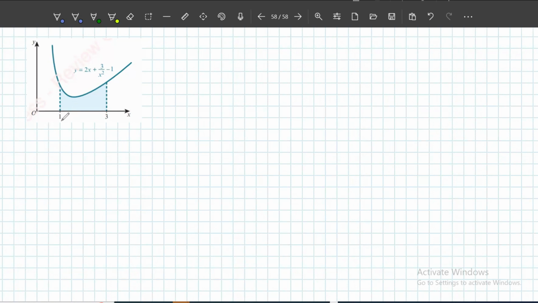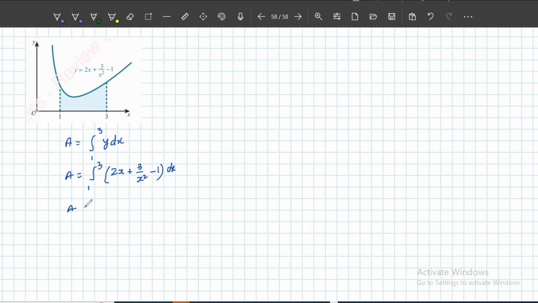Here, remember that the area bounded by this curve is from 1 to 3. So we can say that A is equal to the integral from 1 to 3 of y dx, and the y function is the curve 2x plus 3 over x squared minus 1 dx.